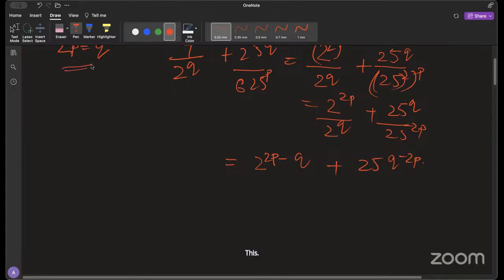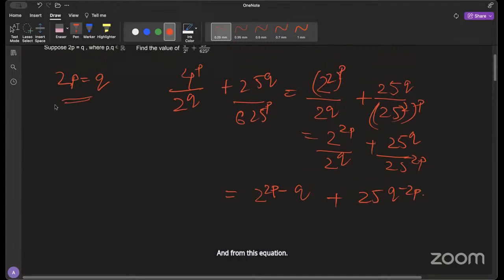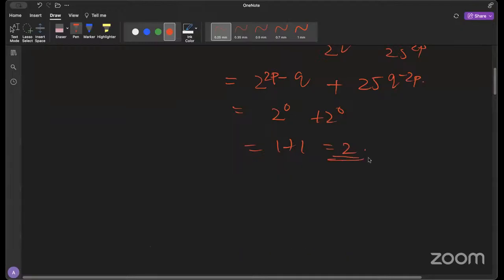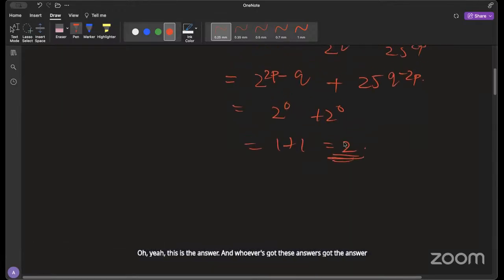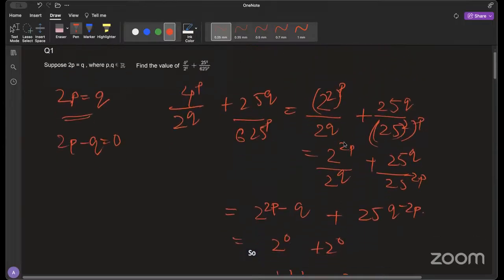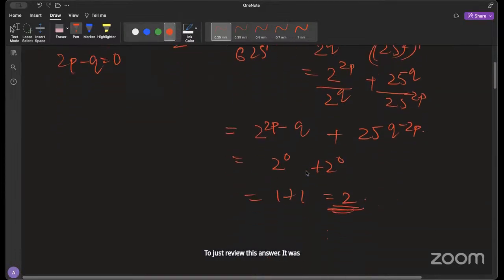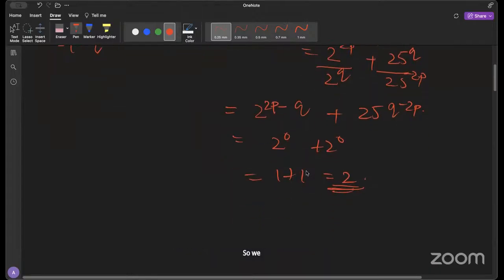And from this equation right here, we have 2p minus q equals 0, which gives us 2 to the power 0 plus 2 to the power 0. So yes, this is the answer, and whoever got this answer has got it correct. I hope you don't need time to review this answer. It was an easy question, so we can move on to the next one, right?